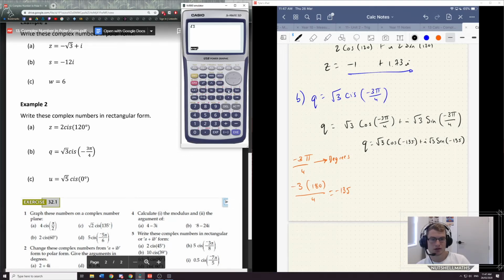Root 3 cos minus 135 is minus 1.22, plus I times, or let's put the I at the end, root 3 sine minus 135. Same answer.